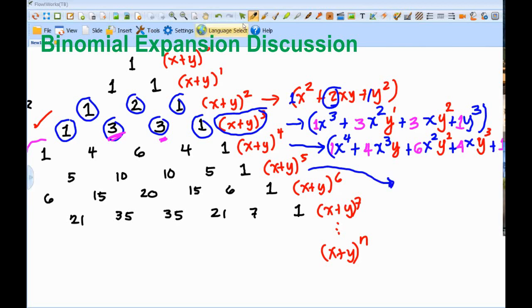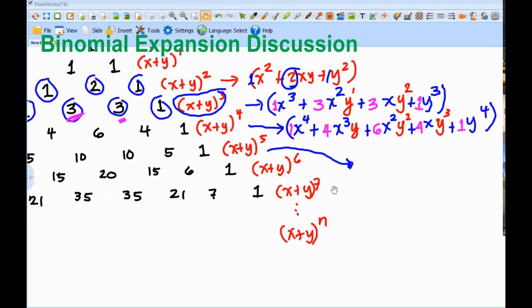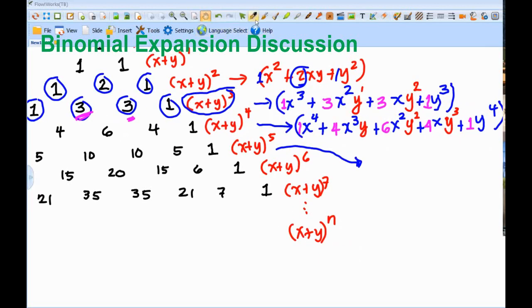Okay, to the fifth. Shane, will you tell me what would be the highest variable? X to the fifth power po. Then x to the fourth, x cubed, x squared, x and y to the fifth.